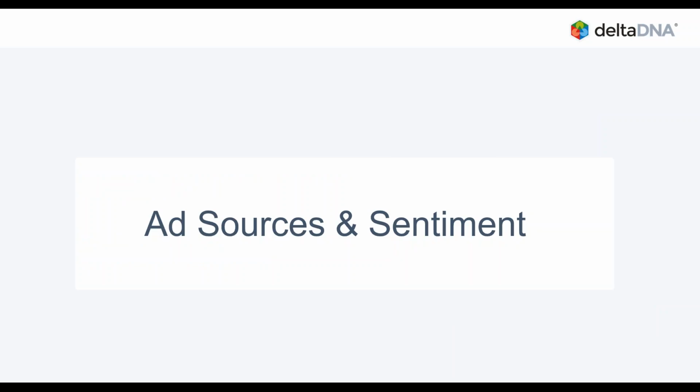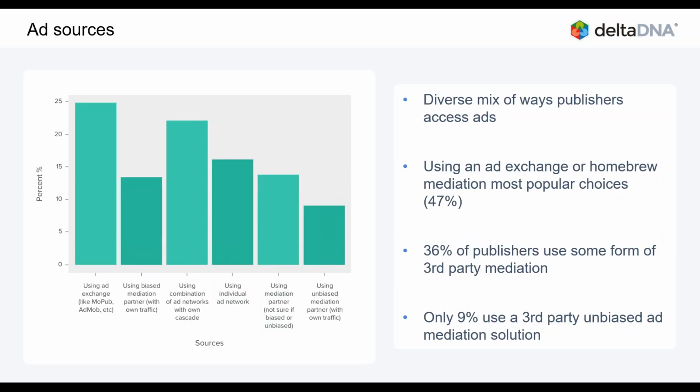So the next section is about ad sources and sentiment. What we asked here was, how do you source your ads? Where do they come from? Do they come from an ad exchange like a MoPub or an AdMob? Are you using a biased mediation partner like a Fiber or an IronSource?